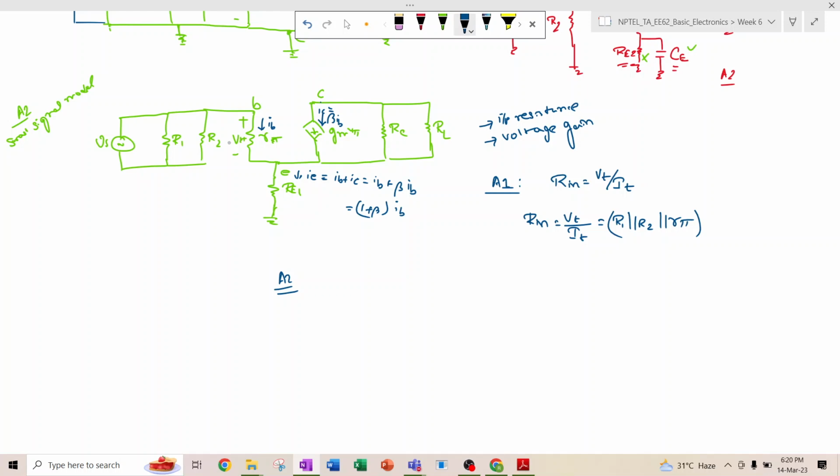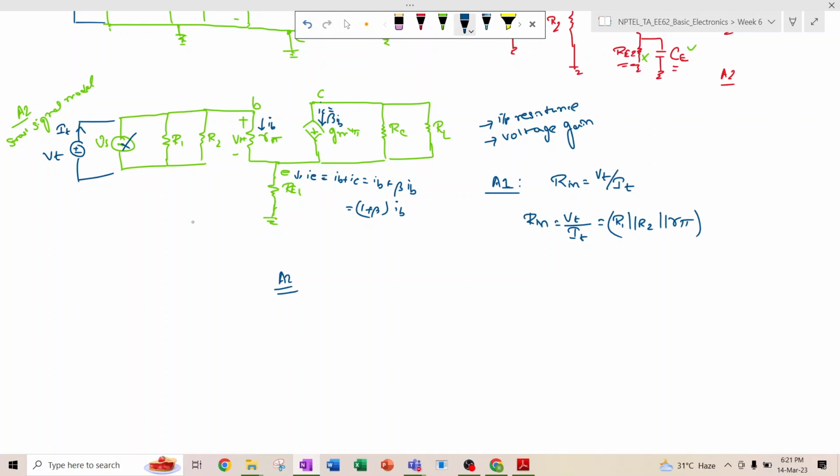Now how can we write this? IB current is flowing through this. So for R in in case of A2, we will similarly add a test voltage VT, which is emitting current IT.